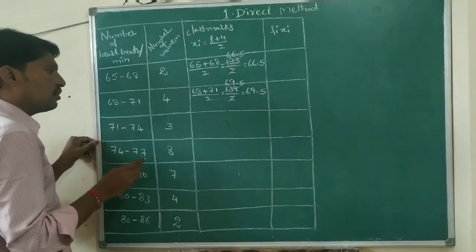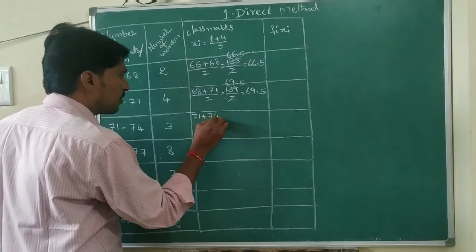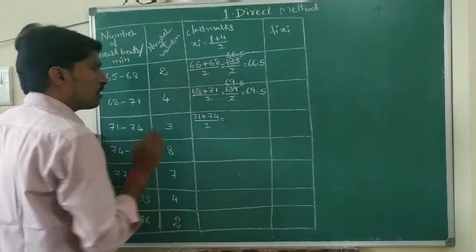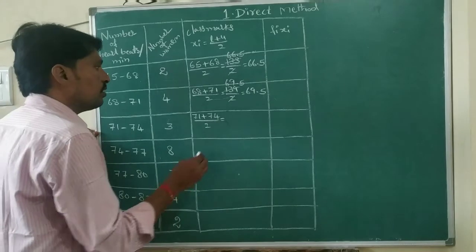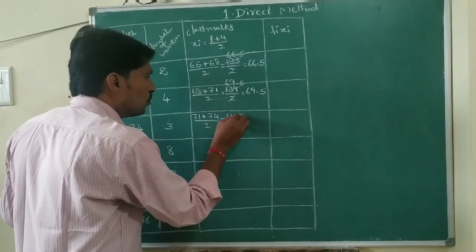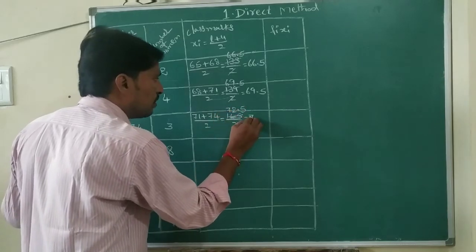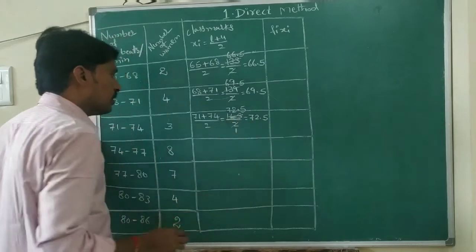Next class interval 71 to 74: lower limit 71 plus upper limit 74 by 2. 71 plus 74 is 145 by 2, which is 72.5.